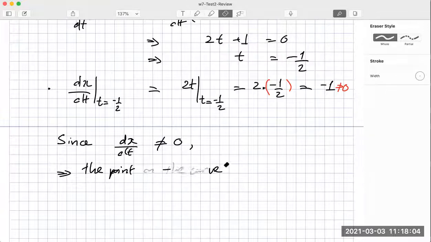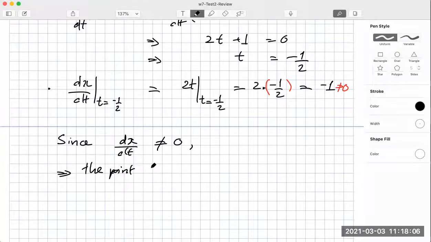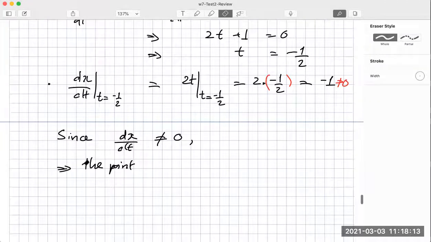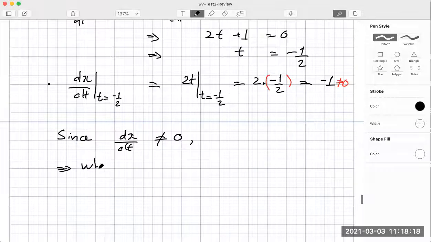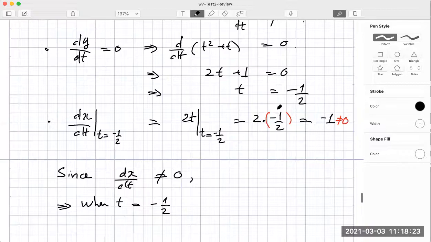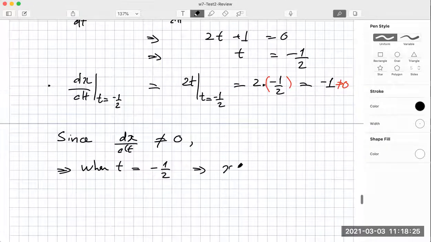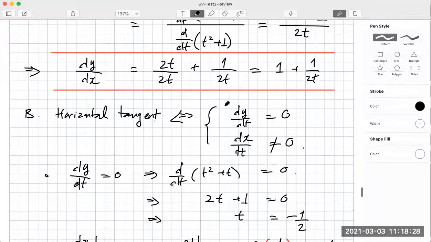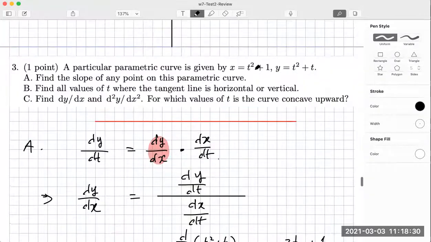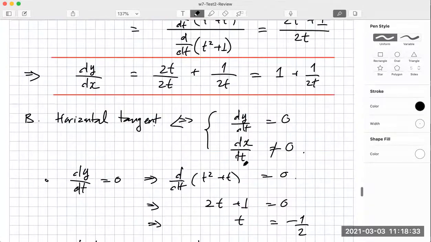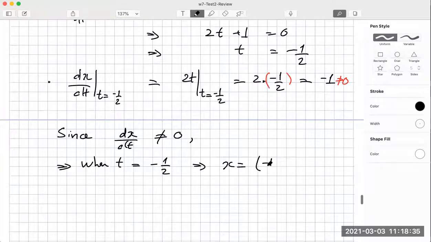Let us say when t is equal to -1/2, then what is x? x will be t squared plus 1, which is (-1/2) squared plus 1.